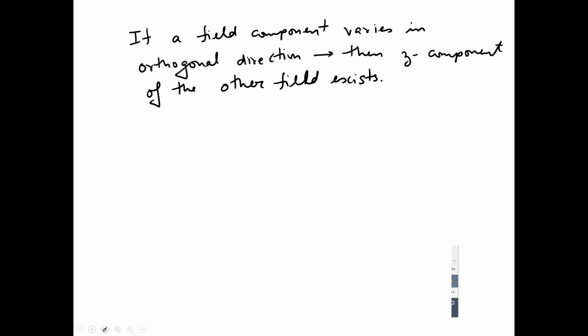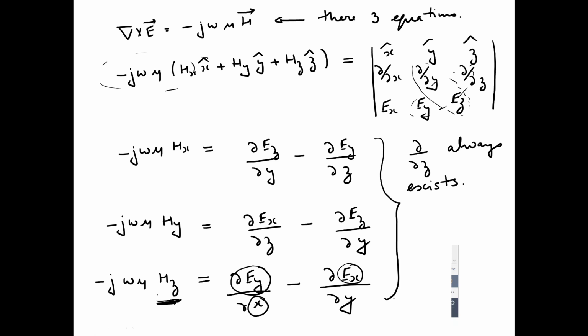For Hz to exist, I should have electric field in the y direction, and not only that, that electric field should vary in x direction, or I should have electric field in x direction. Again, remember the subscripts we are writing are the direction in which the field is pointing. So I should have an electric field pointing in x direction, but it should also vary in y direction. Then the Hz component would exist.